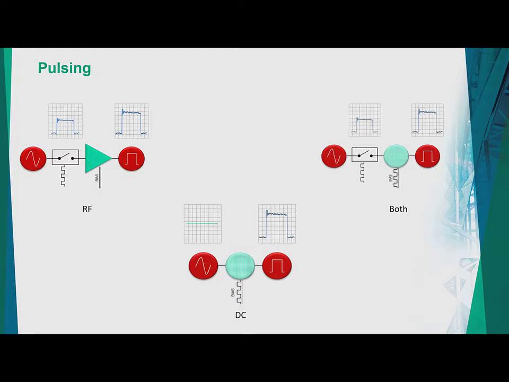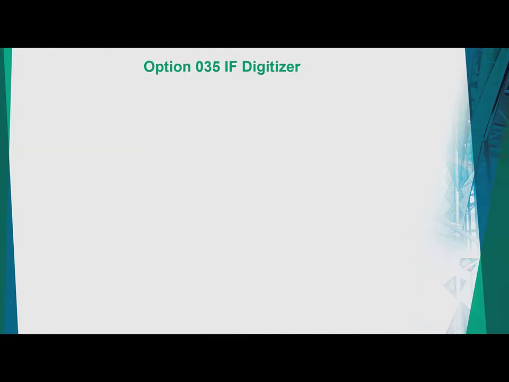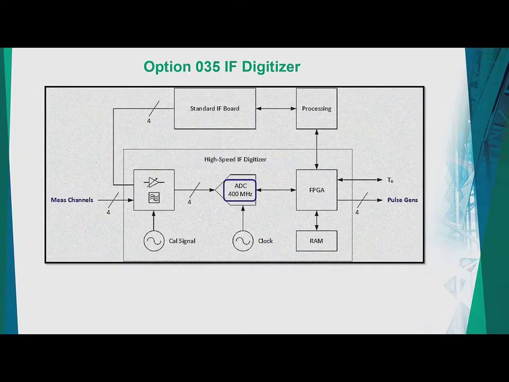Andritsu has solutions for both, and in the last presentation we also discussed the various solutions that Andritsu provided for pulse measurement. We also touched base upon option 35 and 42, which are the two main options which make Andritsu's solution the best in the world.